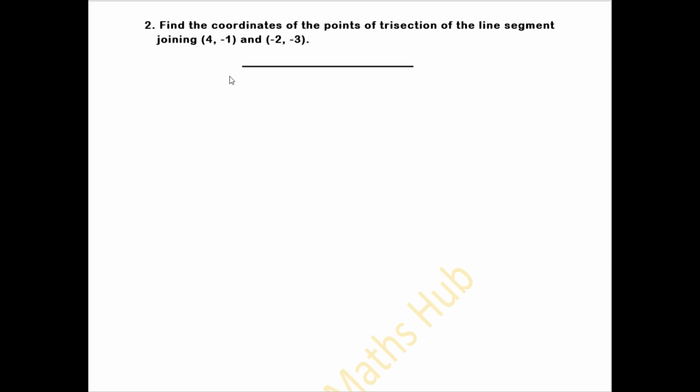Given line segment AB, point A is 4, minus 1 and point B is minus 2, minus 3. Trisection is nothing but the line segment AB being divided into 3 equal parts.